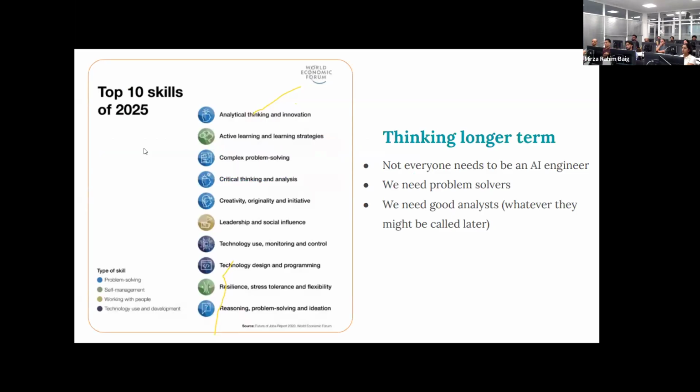And what is becoming more and more important are these things: analytical thinking, complex problem solving, critical thinking, influence, reasoning, ideation, technology use, technology design, system design, basically. These are the things we are needing more than ever.